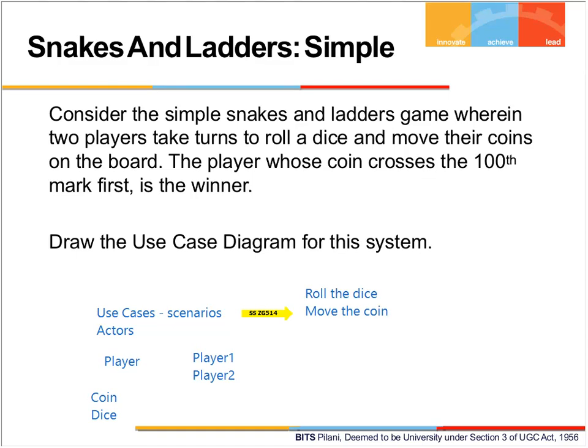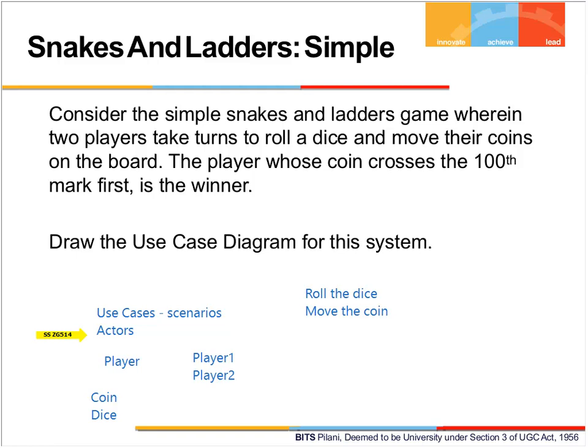What is the thing that the 2 players can use the system for? So they can use the system to roll the dice, and not or, and they can use the system to move the coin, right?